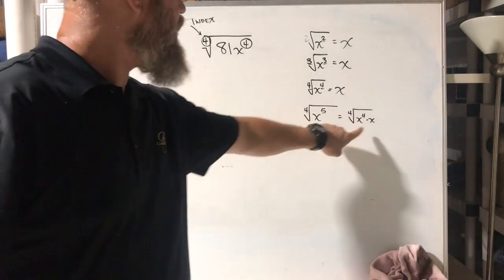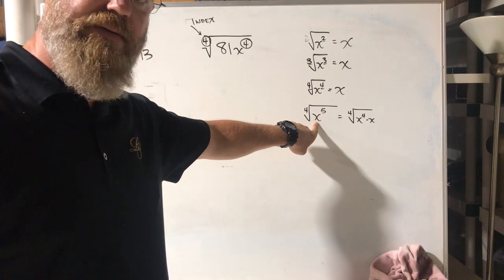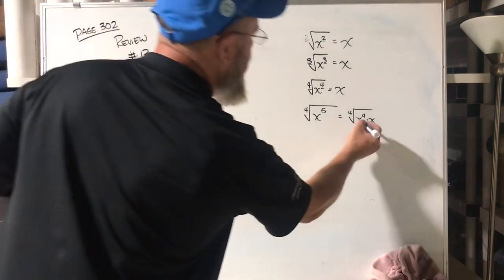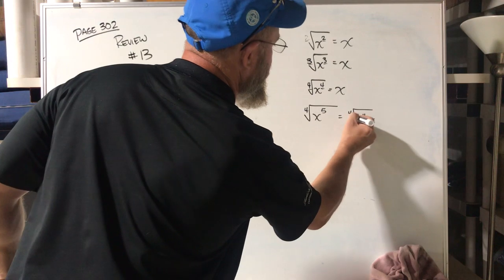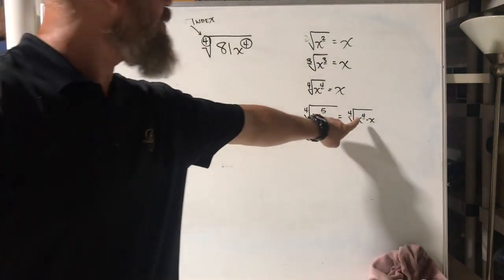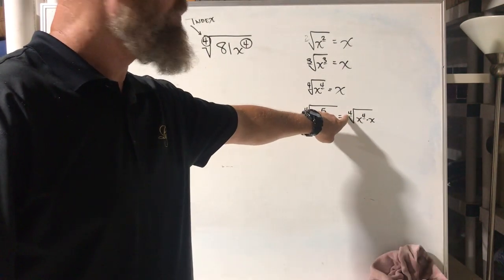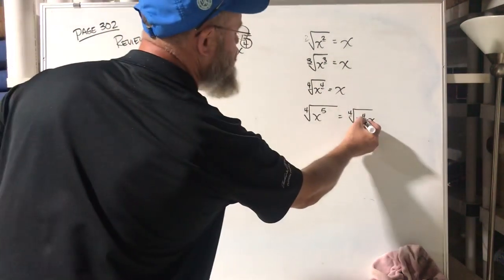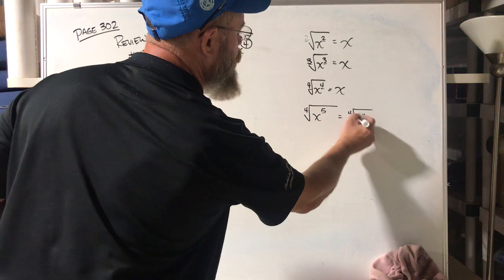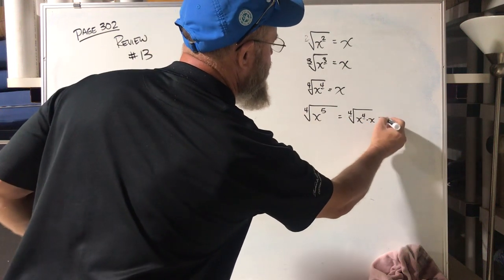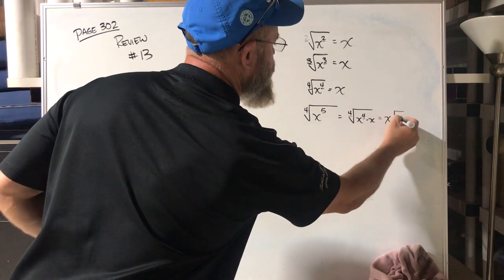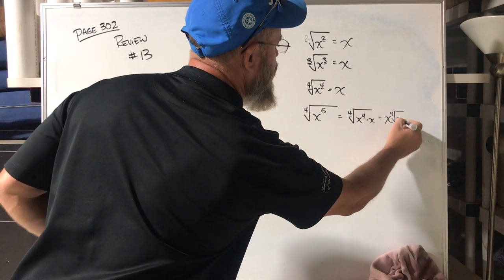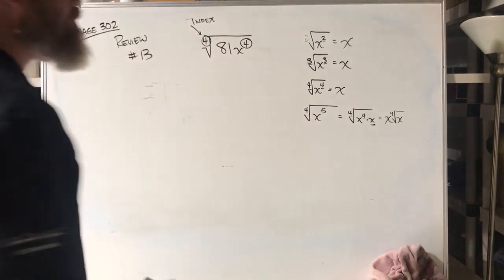X to the fourth times x is the same thing as x to the fifth. And here again, I have x to the fourth, my exponent, equals my index. So, if my exponent equals my index, I can pull that root out. So that would be x times the fourth root of x.